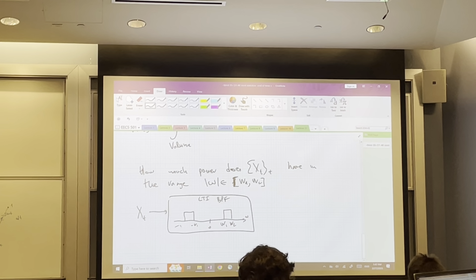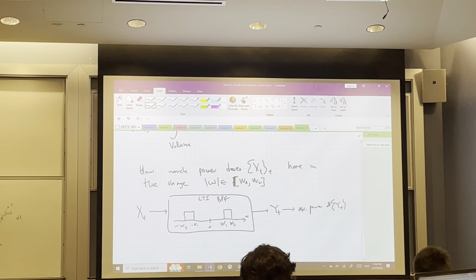Minus W1 to minus W2. And then I will get another process y of t. And then I will measure the average power of y of t, right? And the average power of the whole y of t is the same as the power of x of t within this range. Yes, because I have eliminated all other components of x of t. Make sense? Let's do it.